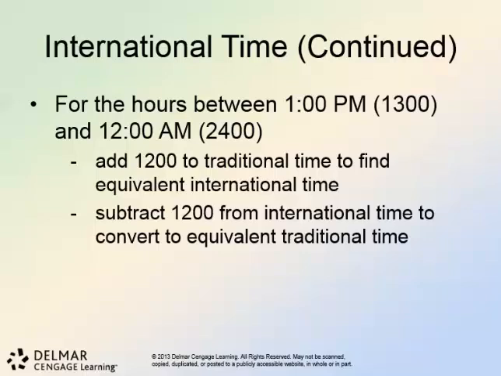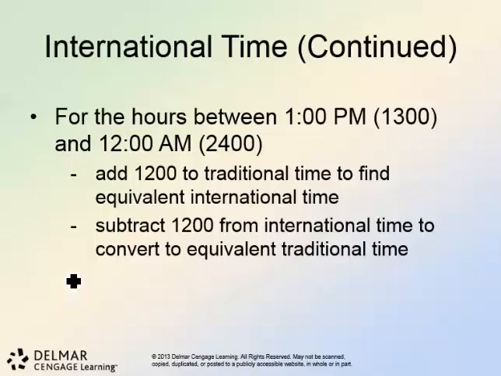Now, as we said, for the hours between 1 p.m., which is 1300, and 12 a.m., which is midnight, we add 1200 to the traditional time to find the equivalent international time. If I had a time such as 4 p.m., you would add 1,200 to that to get the equivalent international time.